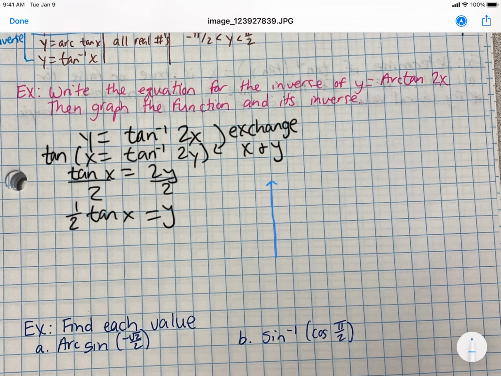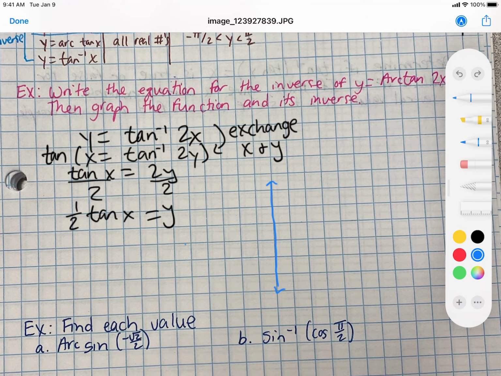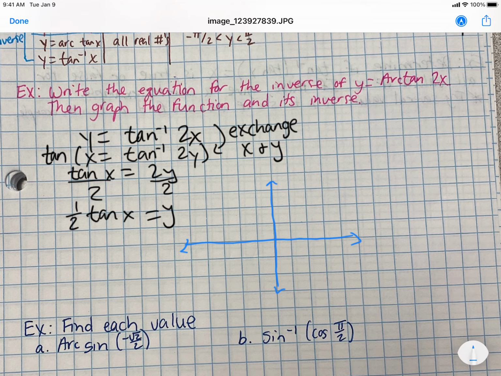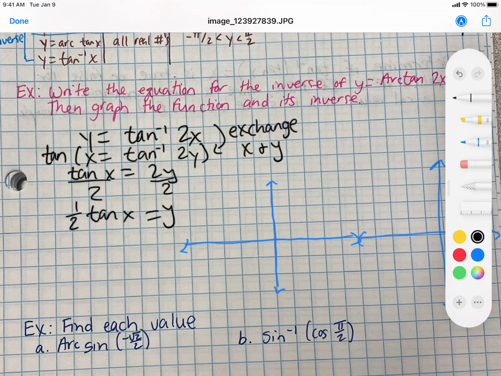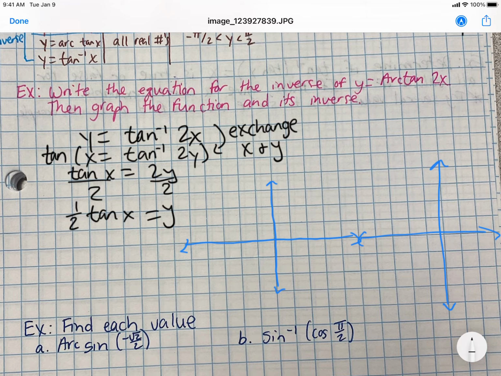So here's my first graph. Okay, and then I'll do my second one over here. All right, not erasing that this time. First one I'm going to do is y equals 1/2 tan of x.